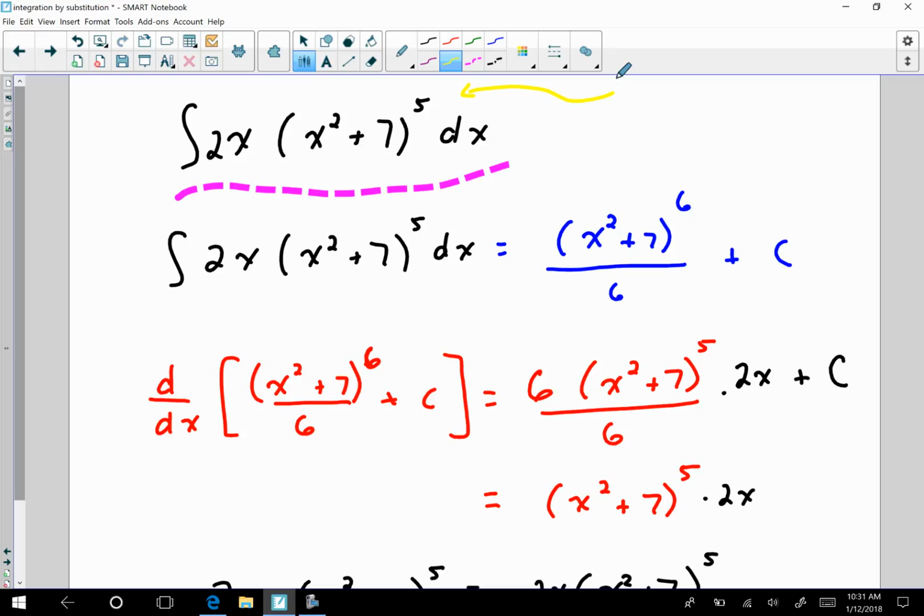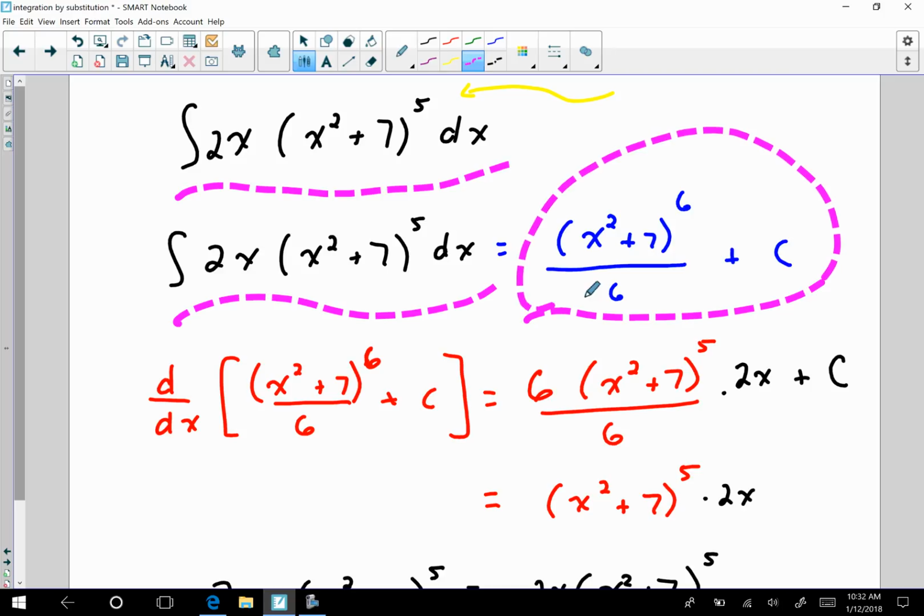So let's just go with a gut feeling. Again, let's guess that this antiderivative of 2x times x squared plus 7 to the 5th is equal to x squared plus 7 to the 6th over 6. Why would you think that? I don't know why you would think that. But if you did think that, guess what? Let's check our answer.